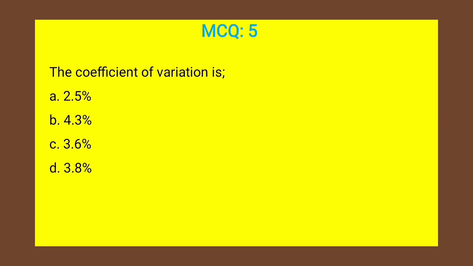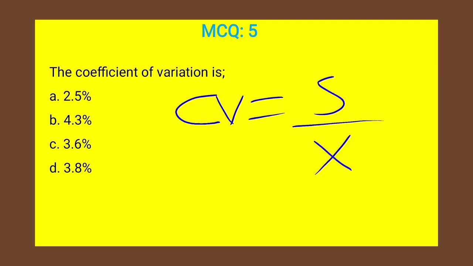Then question 5, we are asked to calculate the coefficient of variation using the same information. The coefficient of variation, CV, will be equal to the standard deviation divided by the arithmetic mean, which is the x bar, and then multiplied by 100.